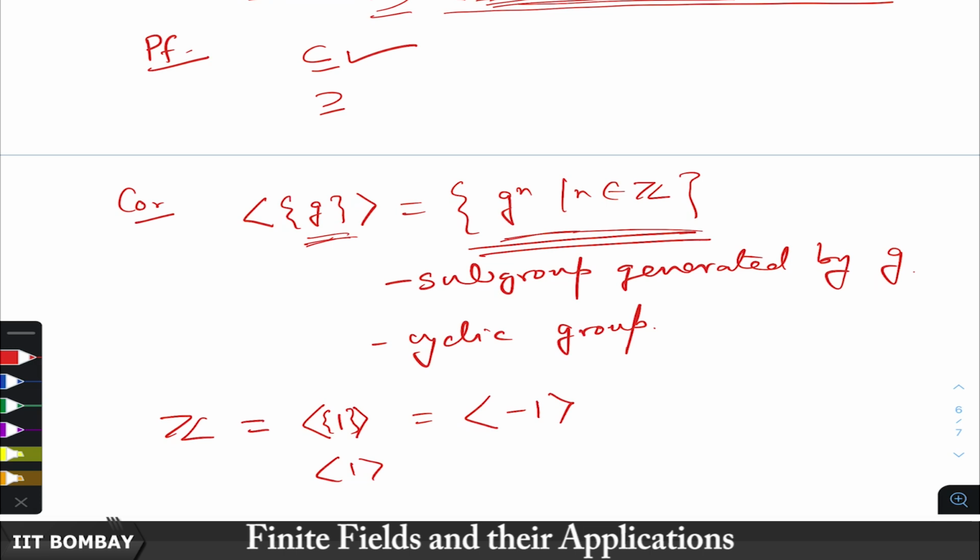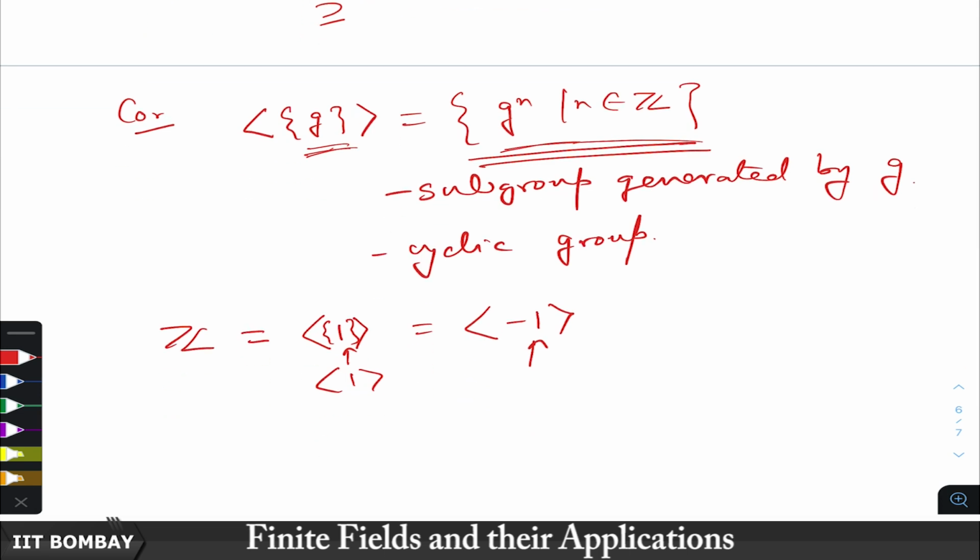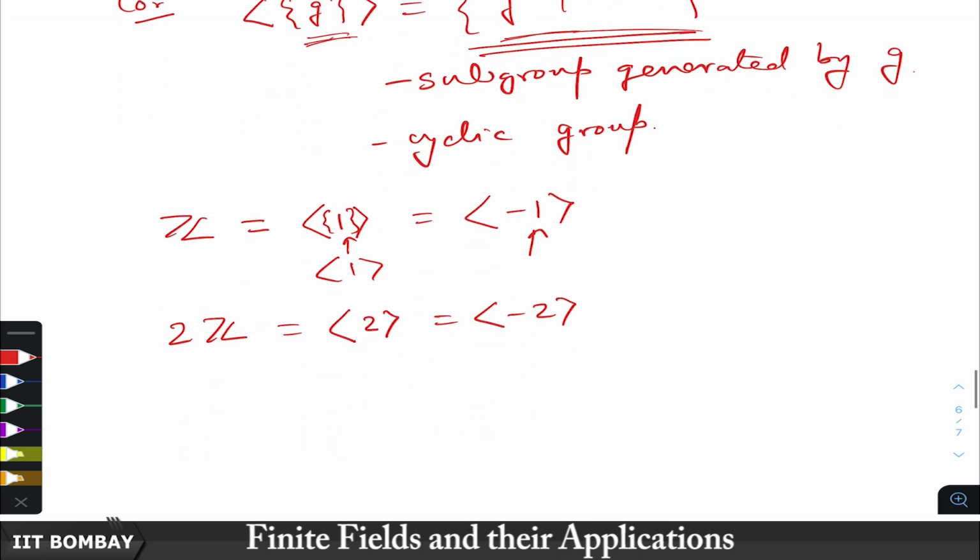So, they are generated by exactly these two elements 1 and minus 1. If you take any subgroup, so 2 times Z, all even numbers, this also forms a subgroup, and this subgroup is generated by 2 and also minus 2. Okay. So, these are cyclic groups.